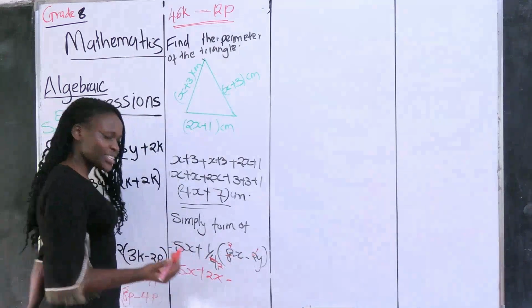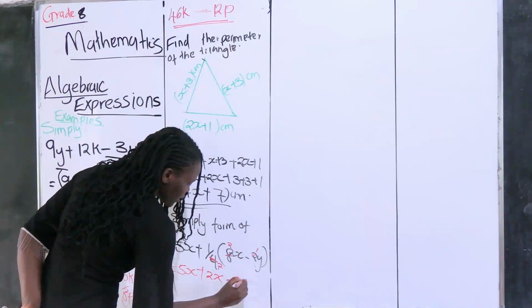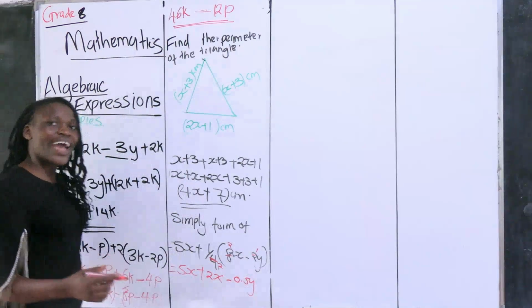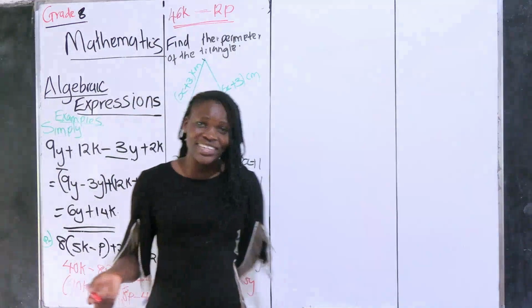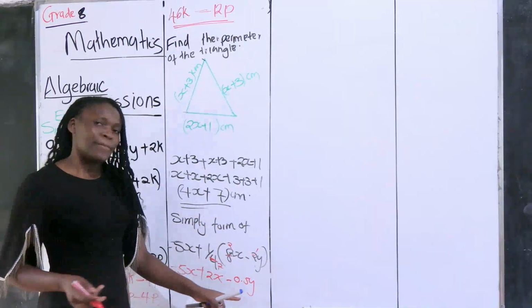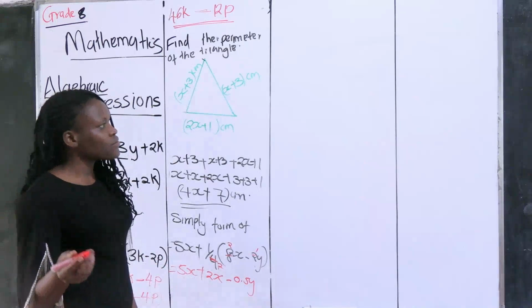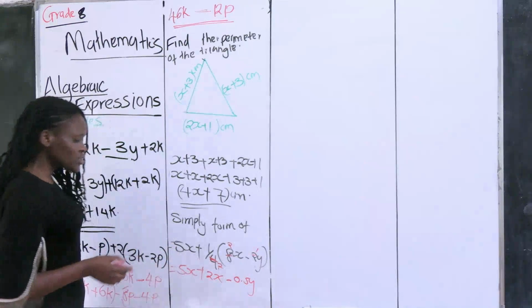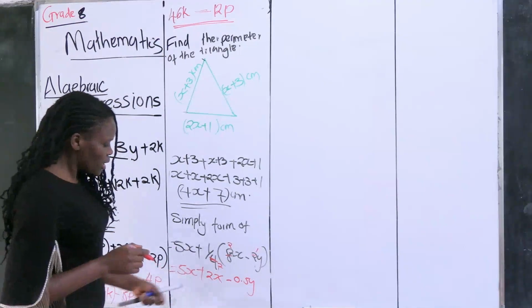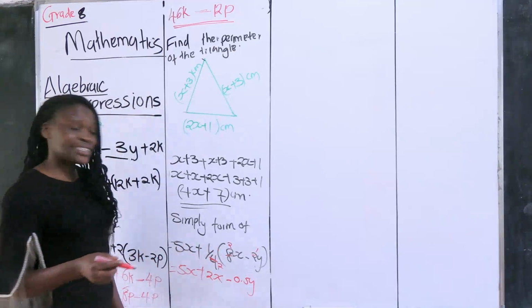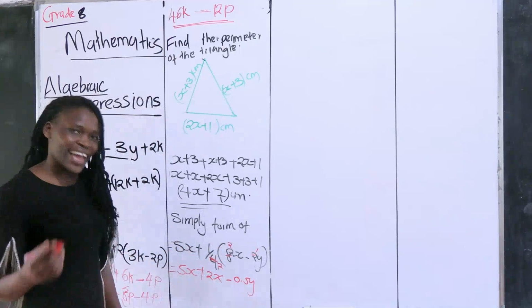And a half can be written as 0.5y. I don't want to deal with fractions. That is why I've just made it decimal. A half is 0.5y. So after that, we have now opened the bracket. After that, we are going to collect the like terms.